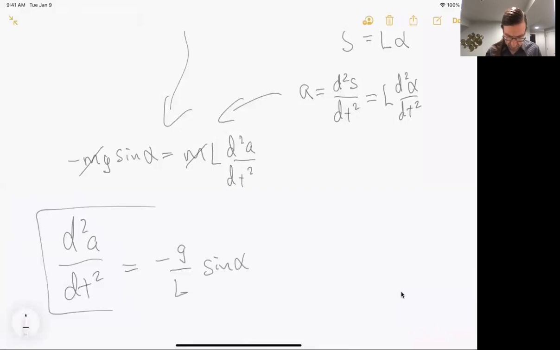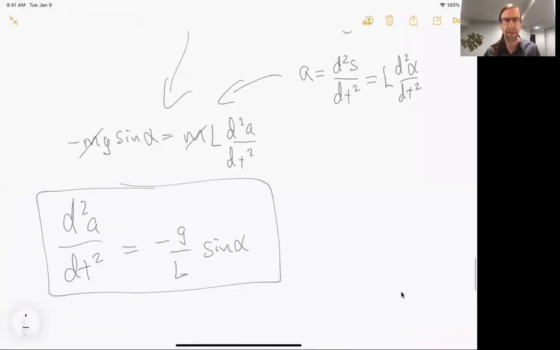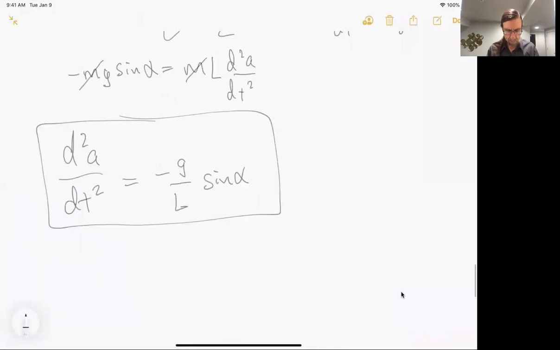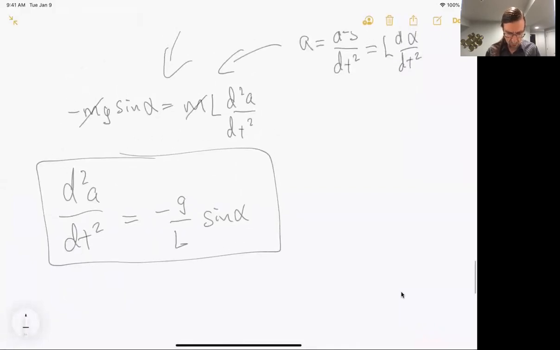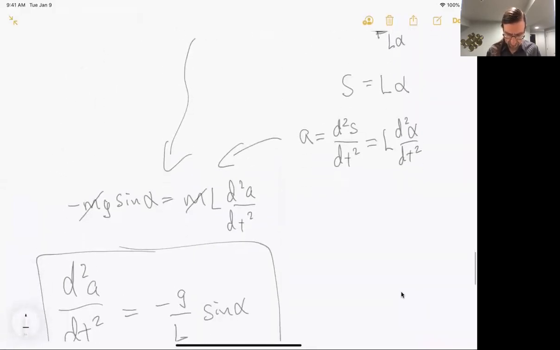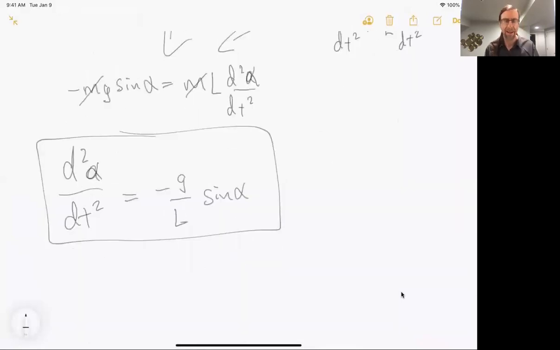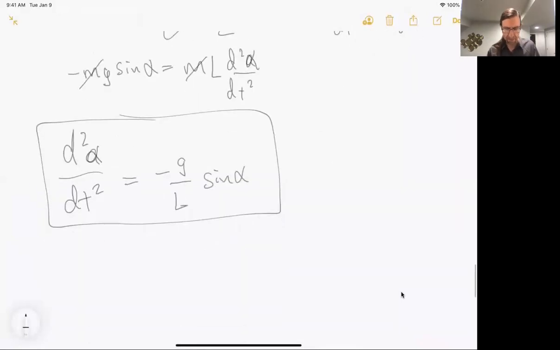This is the equation we end up getting from the physics. Sorry, not A, alpha. That should have been an alpha. Sorry, why didn't any of you stop me? Okay, d squared alpha dt squared equals minus g over L sine alpha.